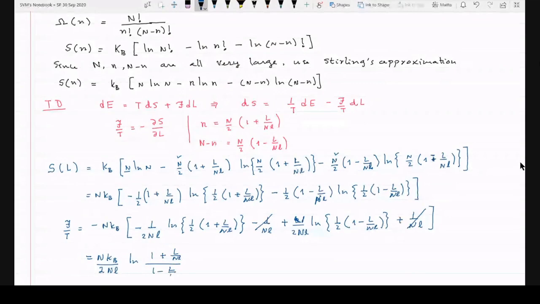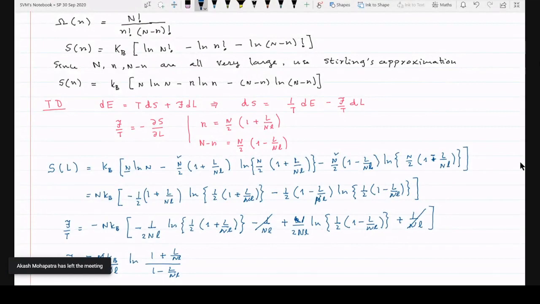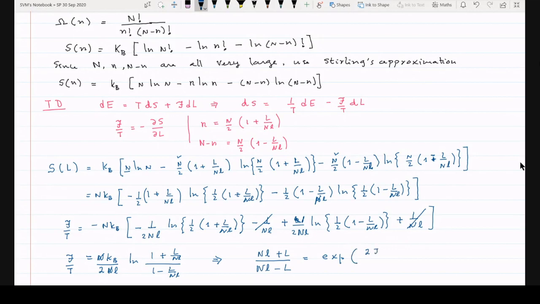This is equal to your F by T. So this n can be cancelled, and this implies, so let us write this as NL plus L divided by NL minus L is equal to exponential of 2FL by kB.